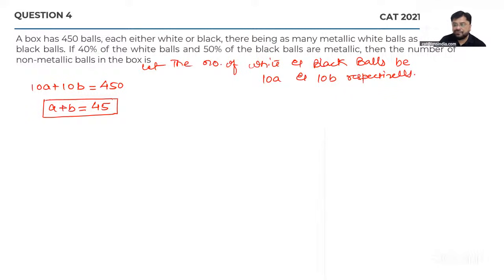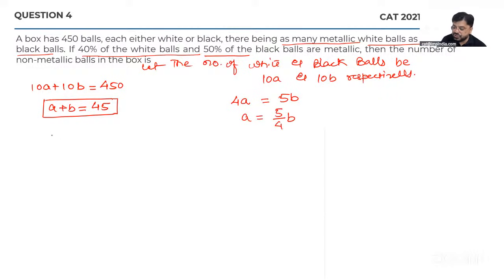Now, they are saying 40% of the white balls, 40% of the white balls is 4A, and 50% of the black balls are metallic. 50% of the black balls will be 5B. And as per the instruction, there being as many metallic white balls as metallic black balls, so these two should be equal, which gives me 4A equal to 5B, so A equal to 5 by 4B.